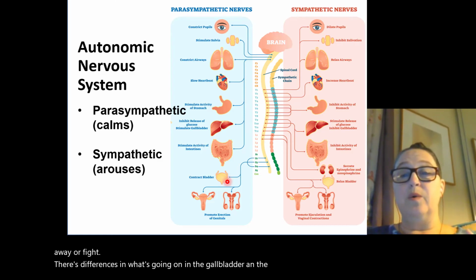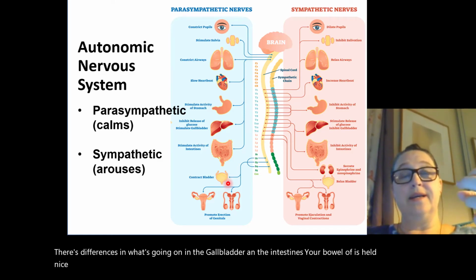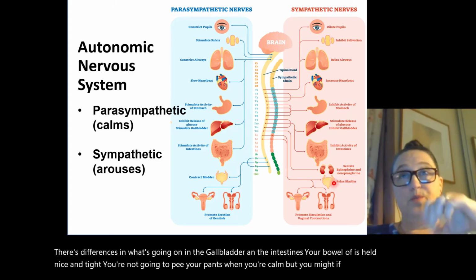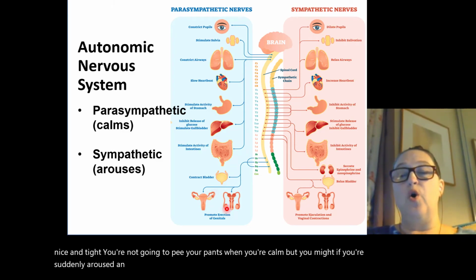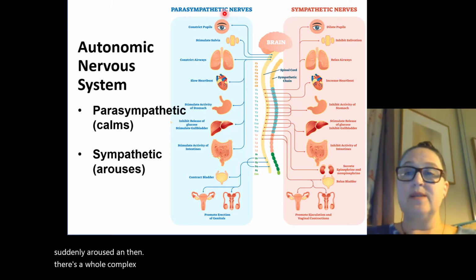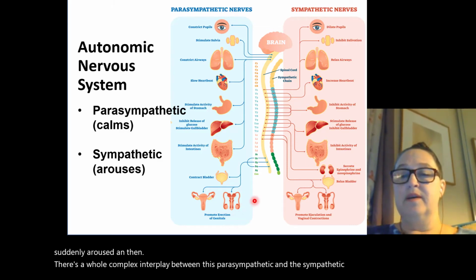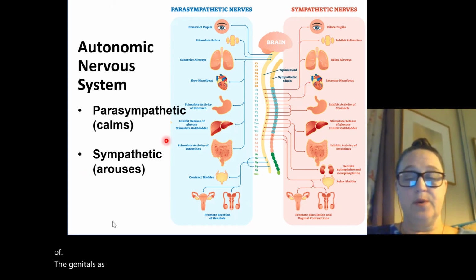Your bowel is held nice and tight. You're not going to pee your pants when you're calm, but you might if you're suddenly aroused. And then there's a whole complex interplay between the parasympathetic and the sympathetic in terms of the genitals as well. Well, that's a whole other story.